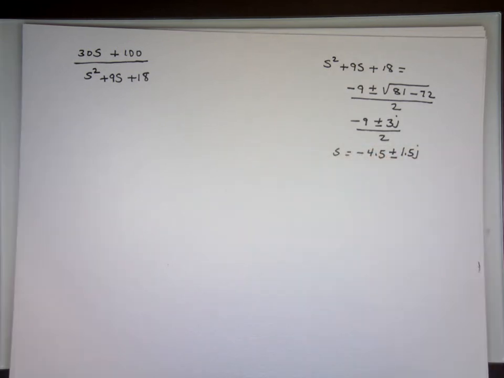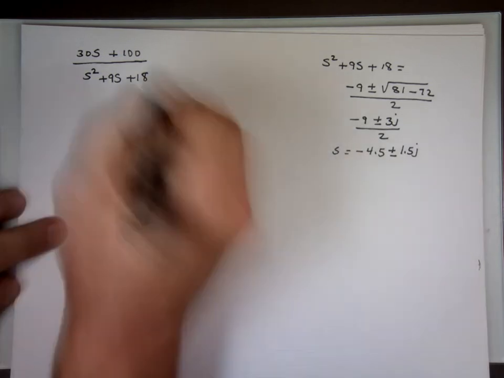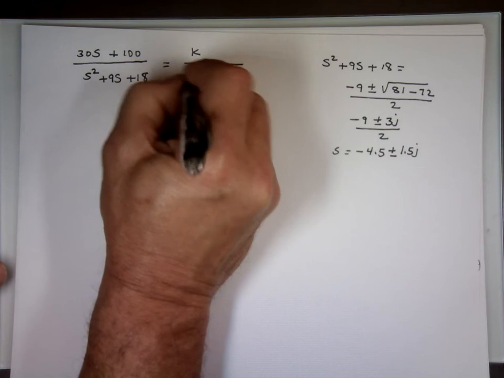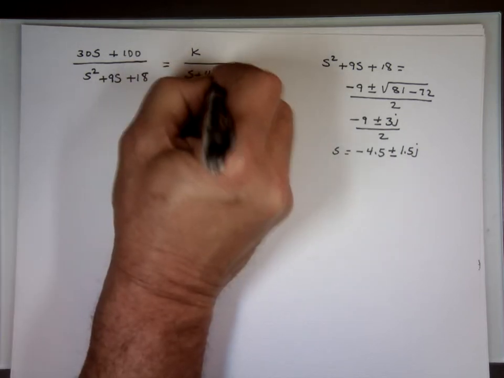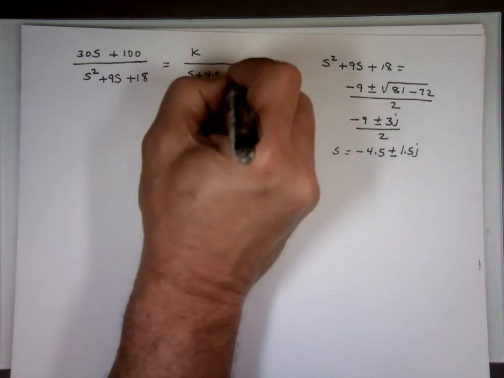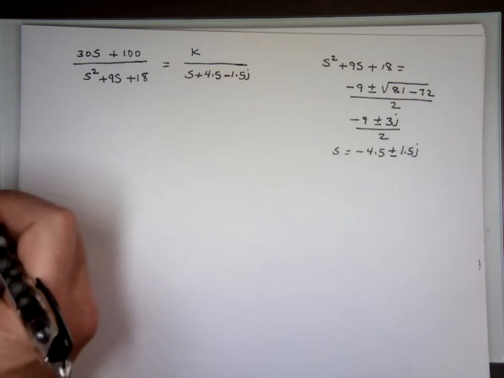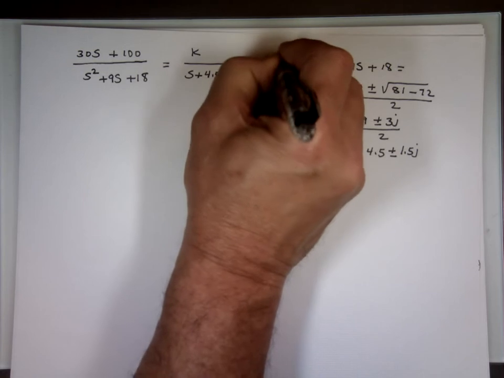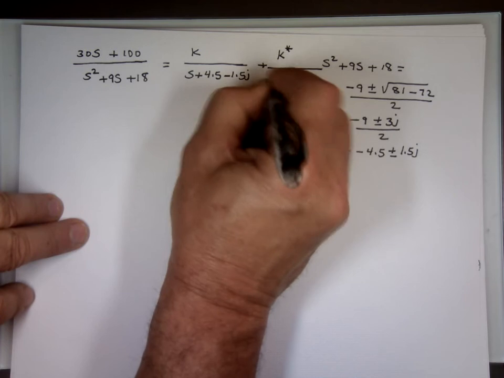So when you bring these to this side, this becomes a plus, one of these plus, one of these minus. So this would be k over s plus 4.5 minus 1.5j. And the other one is going to be k conjugate over s plus 4.5 plus 1.5j.